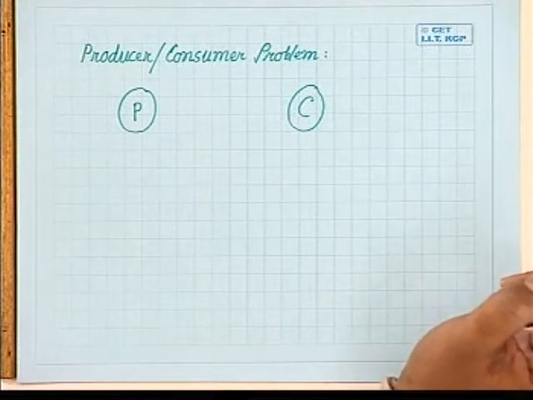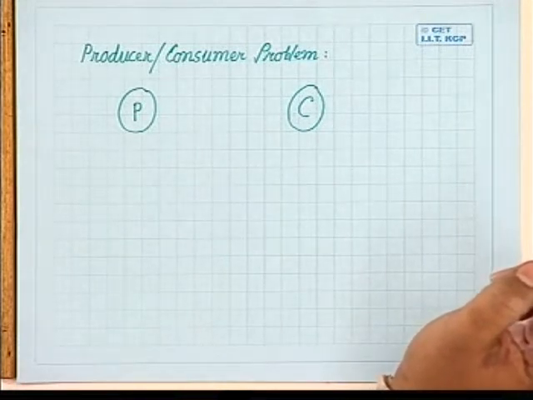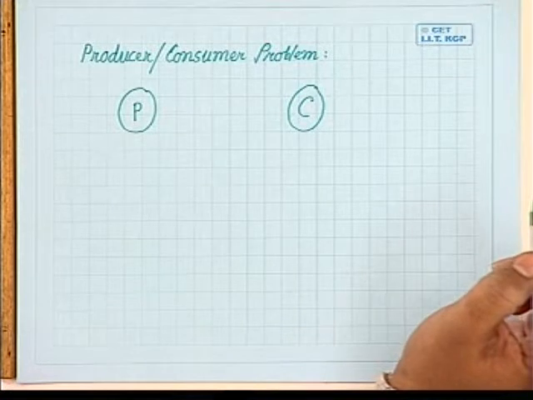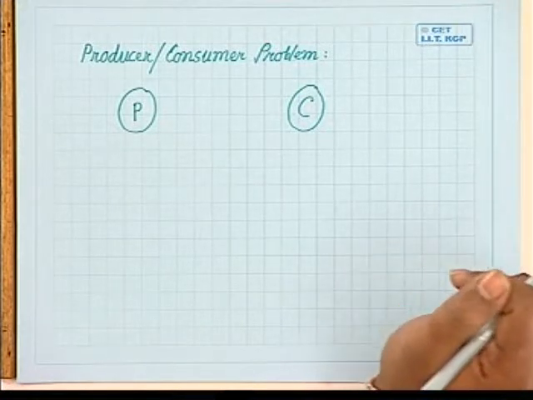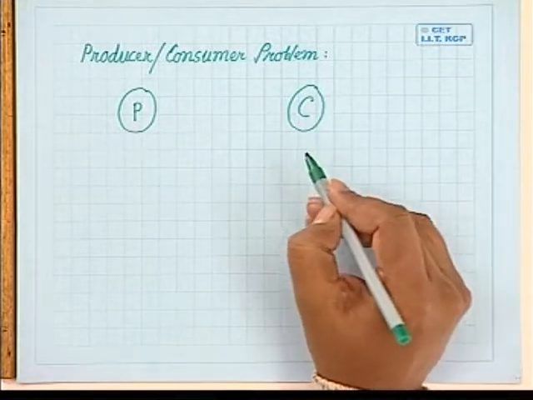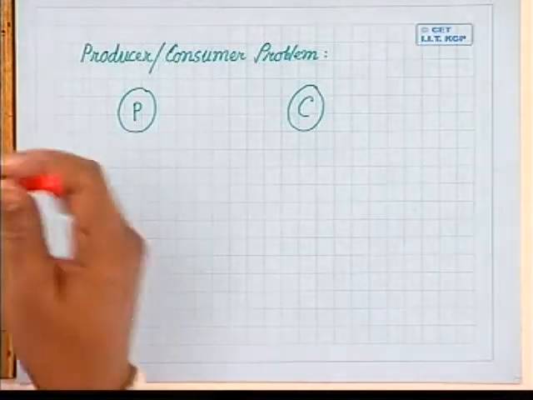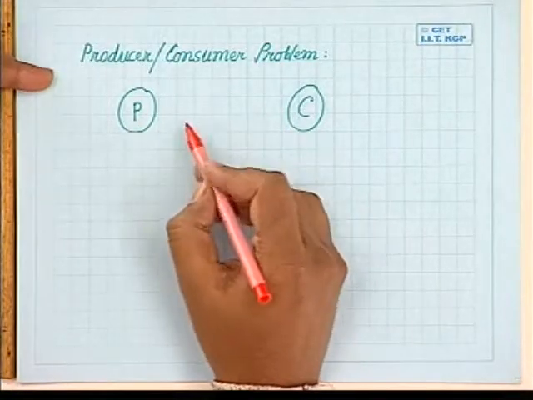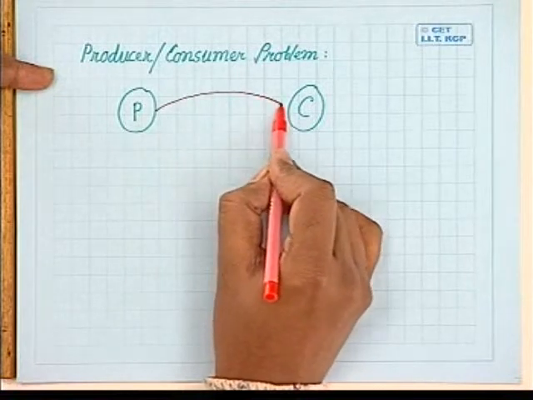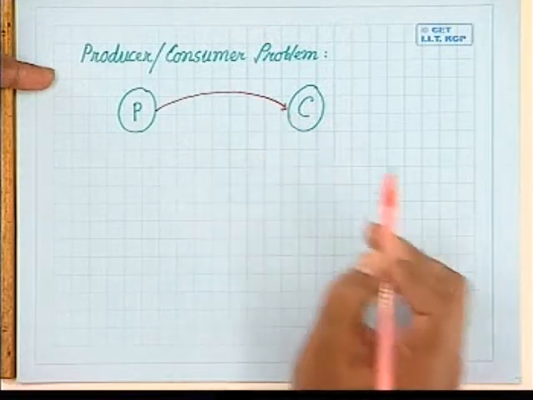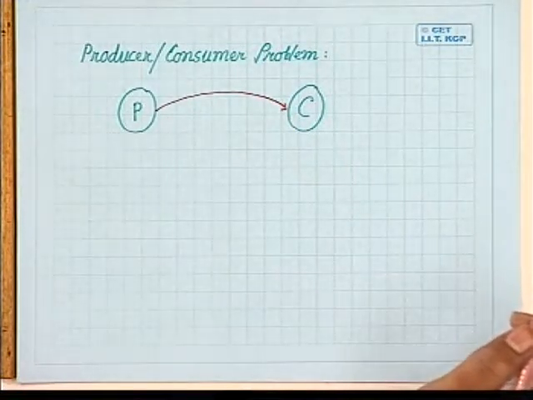Okay. The idea is like this: the producer process produces some items which are to be consumed by the consumer process C. The items produced by the producer process should go to the consumer process, and the consumer process will consume the items.